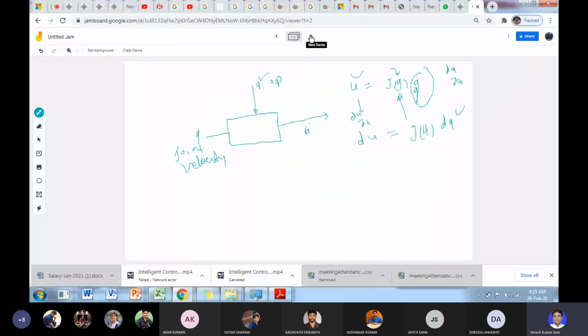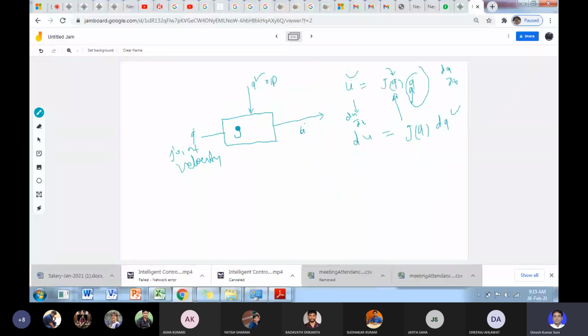So here you see the block diagram. This is J(q).